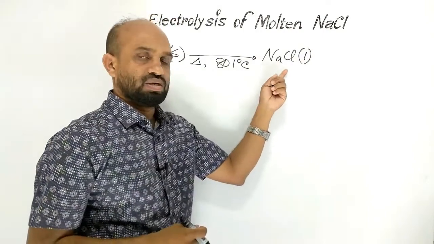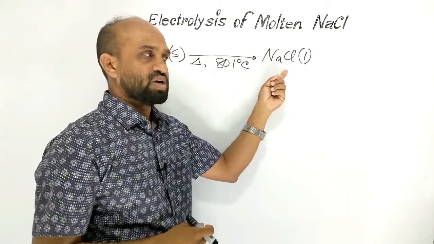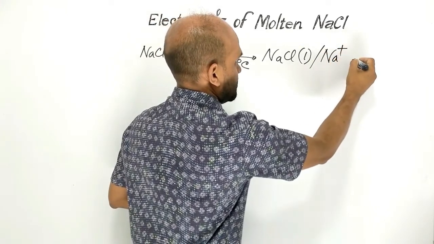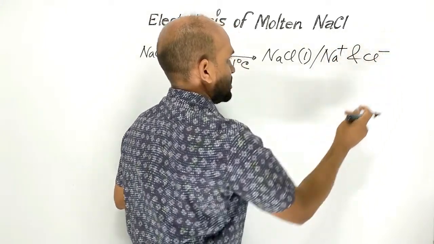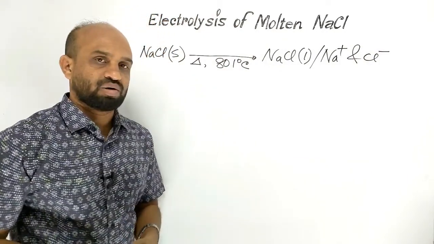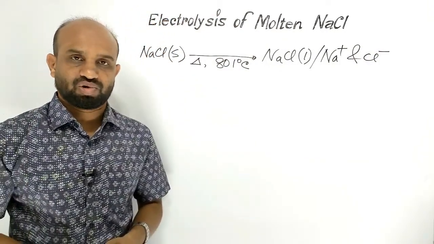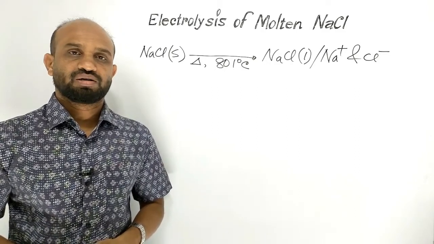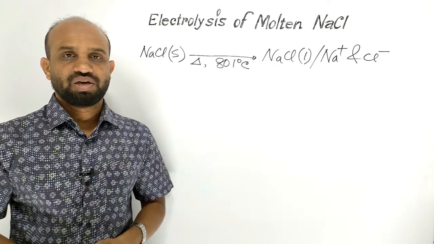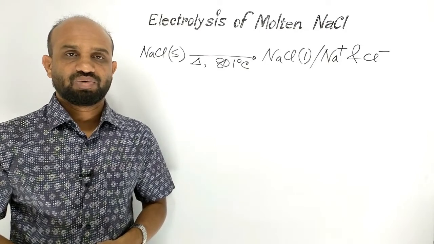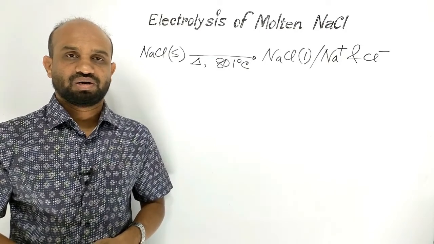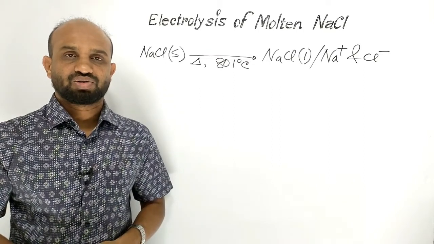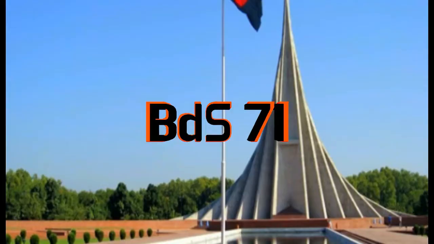Actually, liquid sodium chloride remains as ions, sodium ion and chloride ion. This is about molten sodium chloride. In molten sodium chloride, sodium and chlorine remain as ions, sodium ion and chloride ion. Now let's see electrolysis of molten sodium chloride in detail.